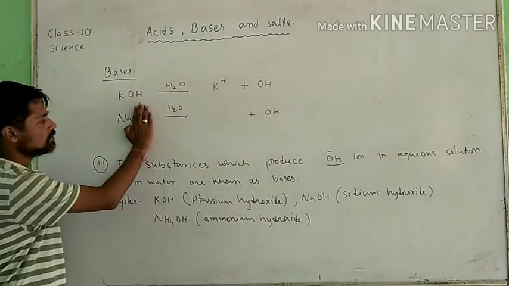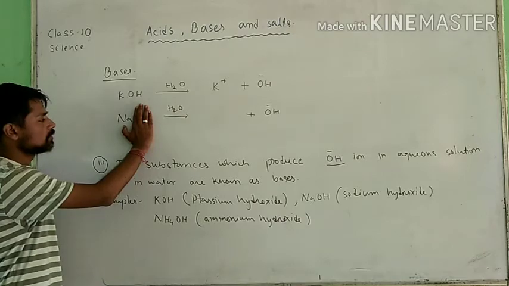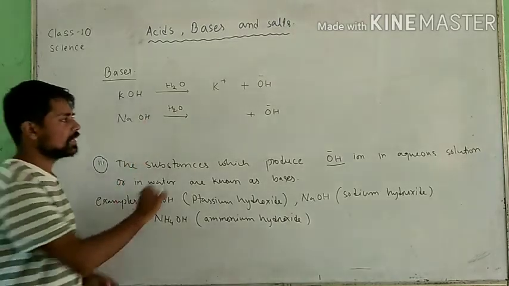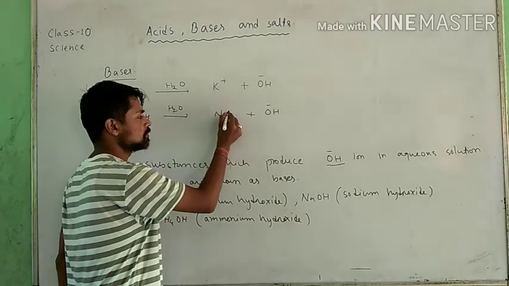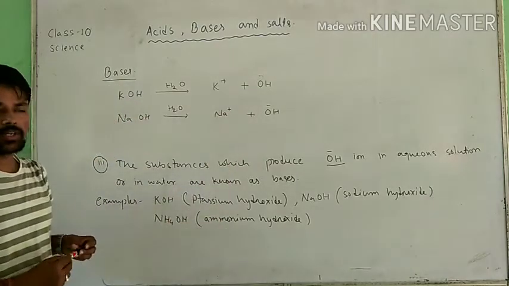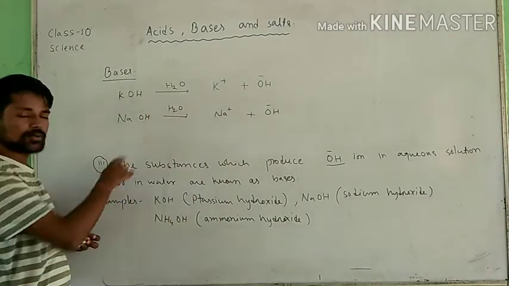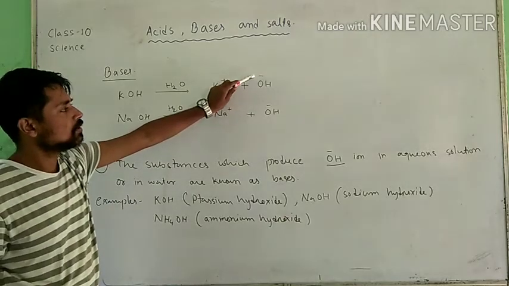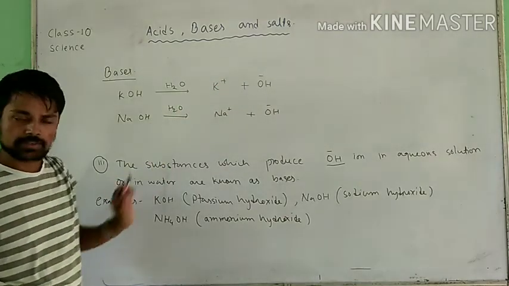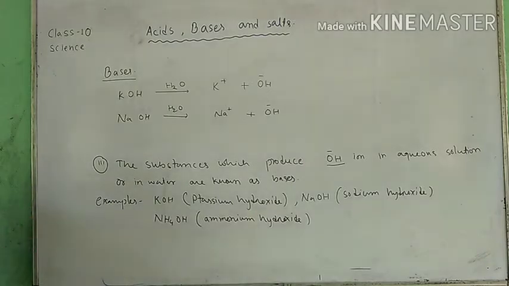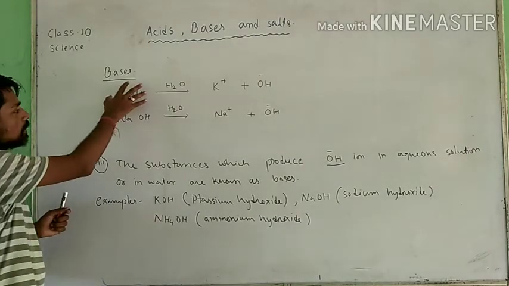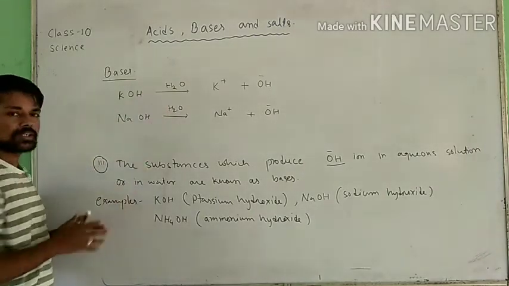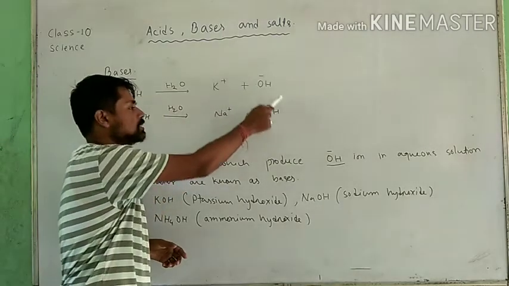If we write OH, then what is left? The left part is Na. So write Na positive ion. So what is common in them? In both KOH and NaOH, both of them produce OH negative ion. So we can say that whenever we add a base with water, it produces OH negative ion.